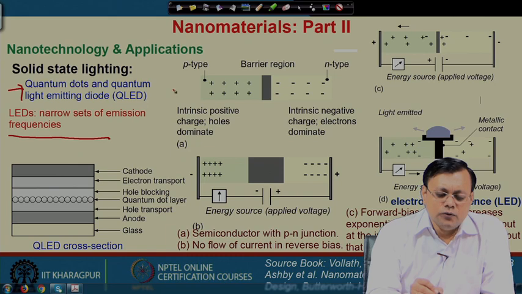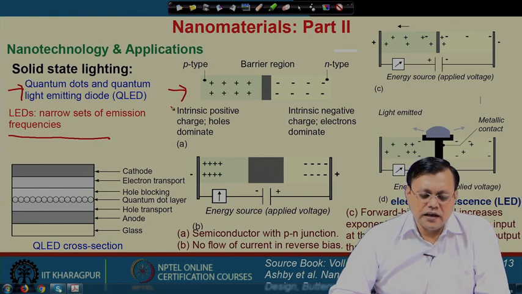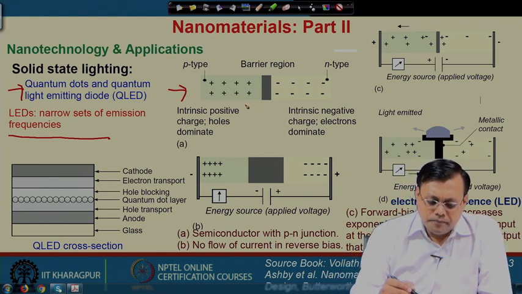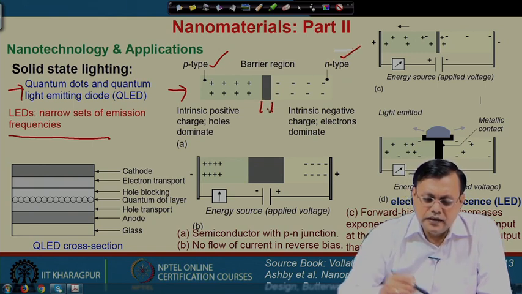If you look at solid state physics, where we mostly discuss the p-n junction, here we have a semiconductor and a p-n junction appears. This is the p type and this is the n type, and in between there is a barrier.